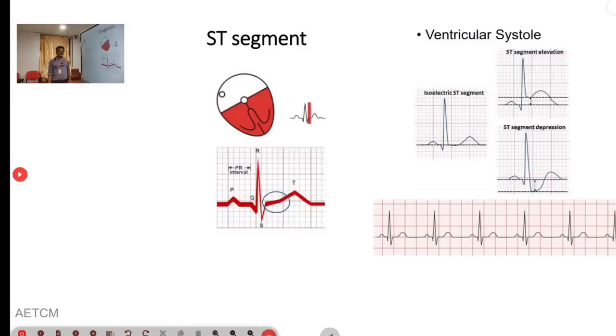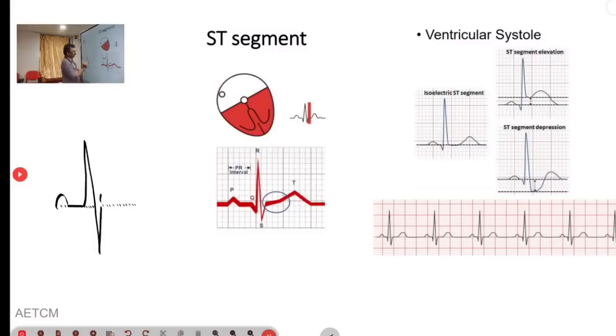Now next is ST segment. This is produced by ventricular systole. During systole, you get this wave, and it is normally in an isoelectric line. That means P is there, PR segment is there, QRS is there. Then your ST segment drops in the same line with your PR segment.